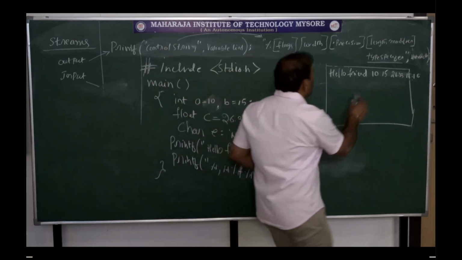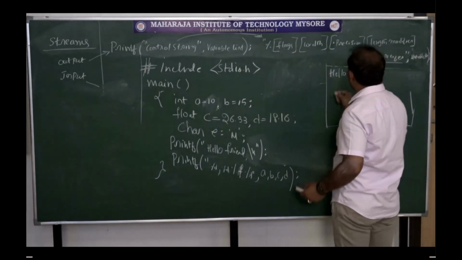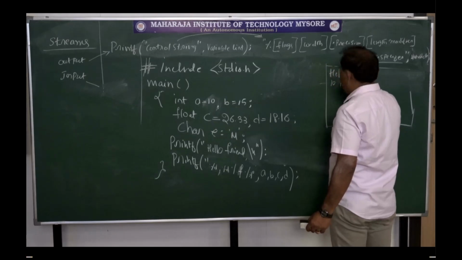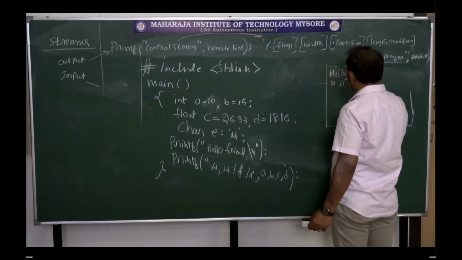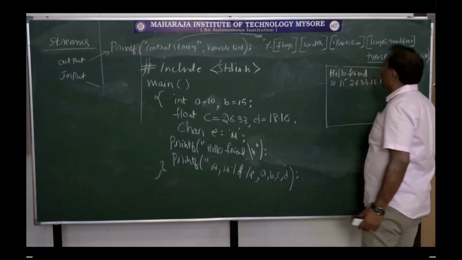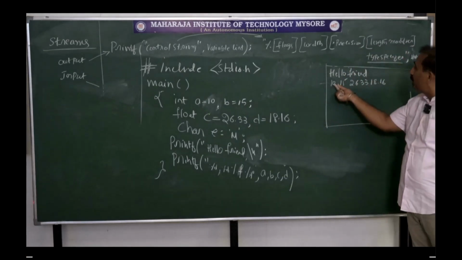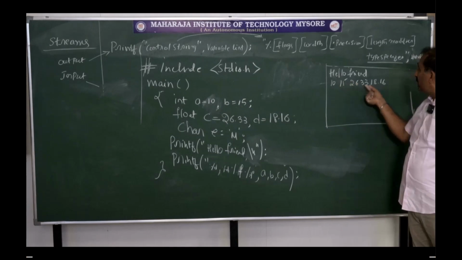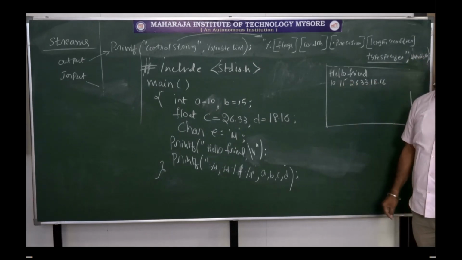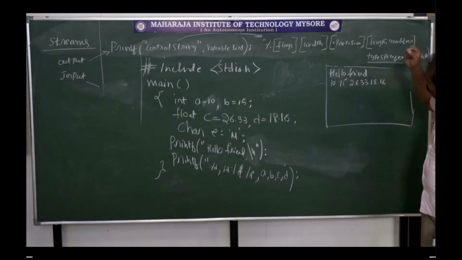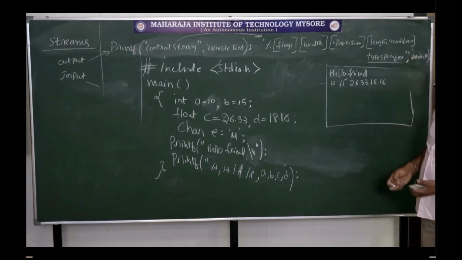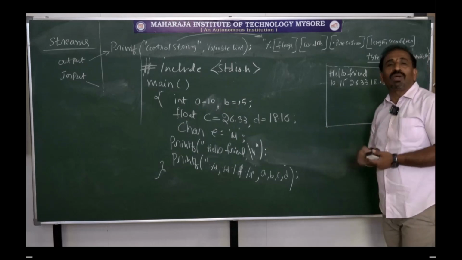So then these 4 will be printed here: 10, 15, 26.33, 18.16, with a single space between them. If you add some more format to it, then accordingly it works.